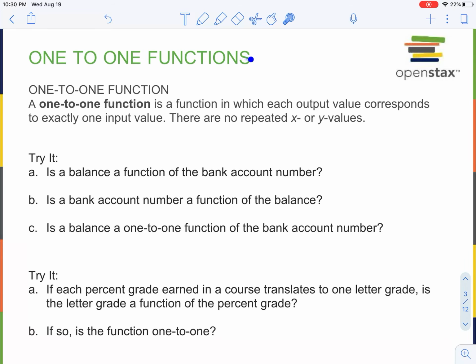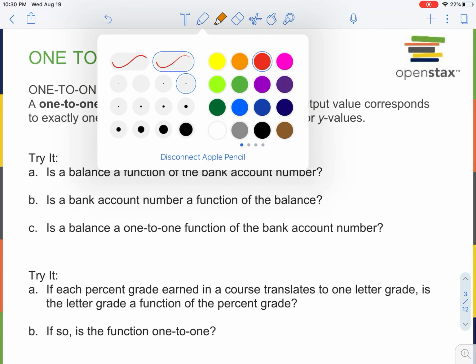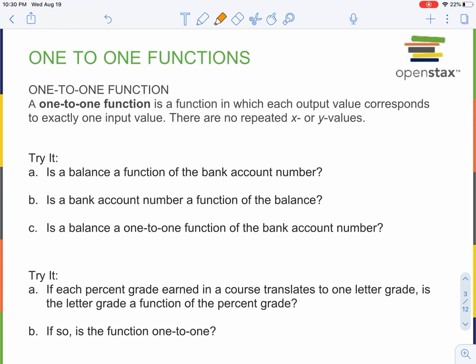All right, so we're going to start talking about one-to-one functions. A one-to-one function is a function in which each output value corresponds to exactly one input. That sounds really similar to what a function was. Remember, for a function, each input corresponded to exactly one output.